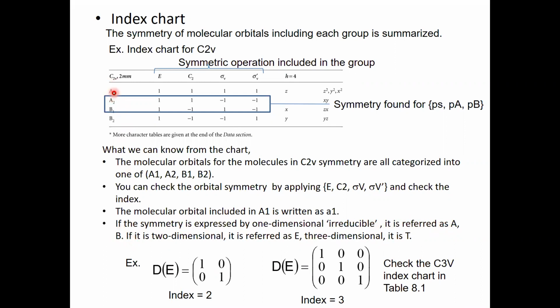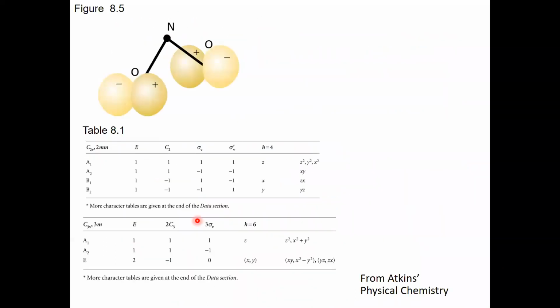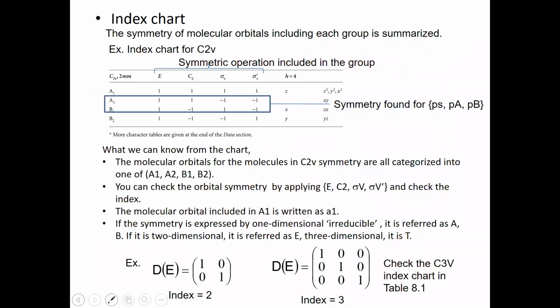That's why in C2V the molecular orbitals are given by A and B. However, if it's two-dimensional, it's written as E, and three-dimensional, it's T. And you can find in a chart like this, in a C3V chart, you could see the index value is actually 2 in here, right? This is what you can learn from the index chart. Okay.